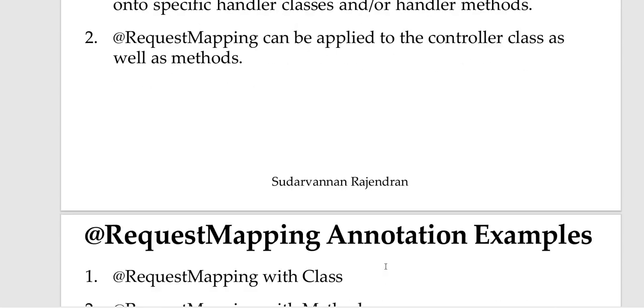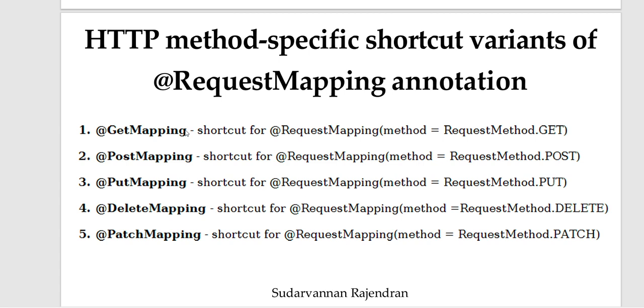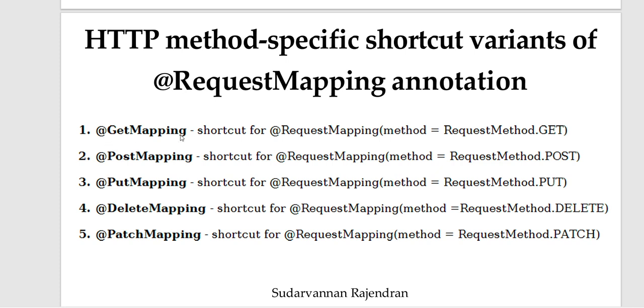Going forward in this tutorial, we are going to see the REST controller annotations and the mappings: post, get, patch, delete, put, everything. These things we are going to see in the upcoming videos. Like I will give some heads up. At GetMapping is an annotation used in Spring Boot instead of RequestMethod.GET.